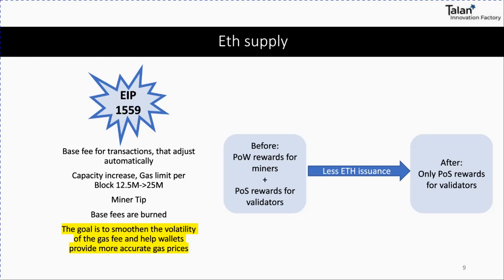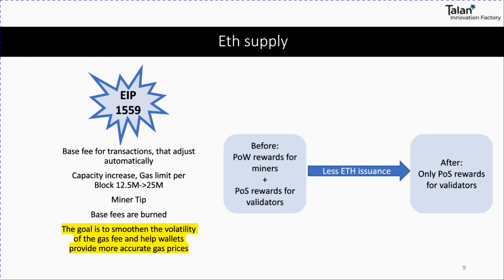Even wallets don't have an exact way to calculate the gas fee. They just give you an option between maybe slow, average, and fast, and you try to send your transaction properly with the least fees possible. So it wasn't really good.